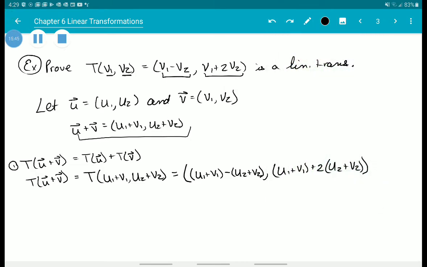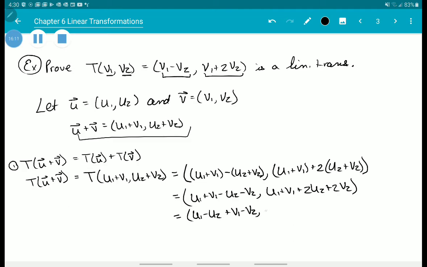So let's do some fancy math here and simplify this. We've got U1 plus V1 minus U2 minus V2, and U1 plus V1 plus 2U2 plus 2V2. I'm going to do some grouping here: U1 minus U2 plus V1 minus V2, and U1 plus 2U2 plus V1 plus 2V2.